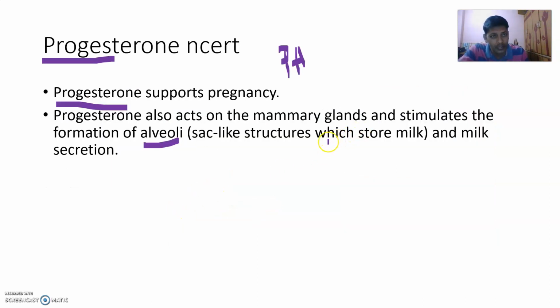There are alveoli in the lungs also, and an alveolus in the jawbone socket has depressions where teeth are embedded. The sac-like structures that store milk are called mammary alveoli. Mammary alveoli and milk secretion are functions of progesterone.